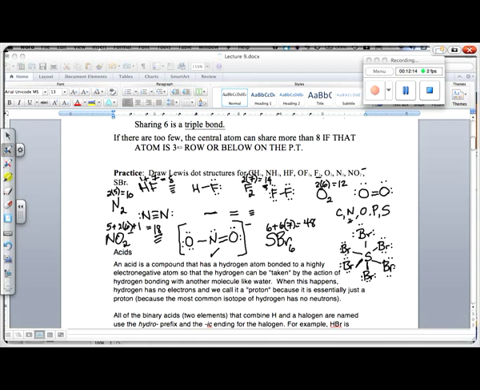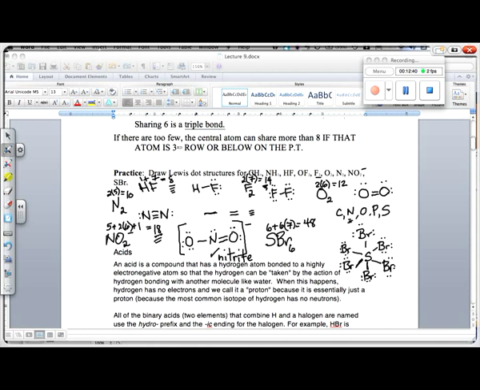And then hydrogen fluoride or hydrogen monofluoride. You will not see that written, though. Everyone just calls it hydrogen fluoride because they only form the one compound. The NO2 negative, the common name is the nitrite ion. You could call it nitrogen dioxide anion, but everybody calls it nitrite.